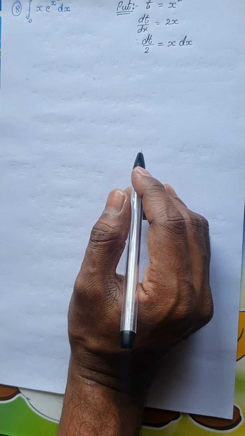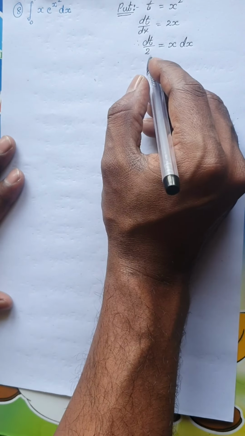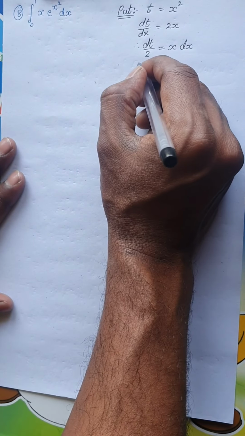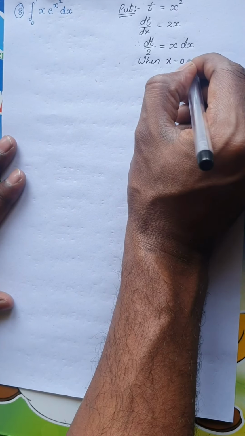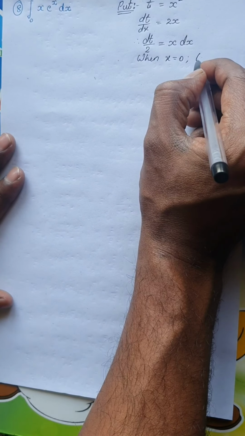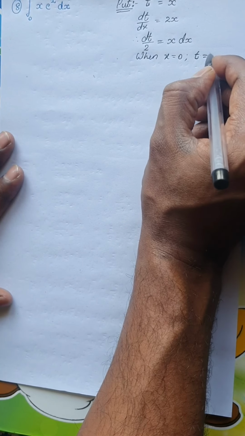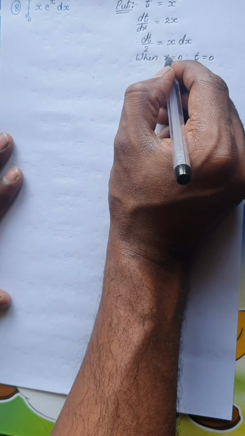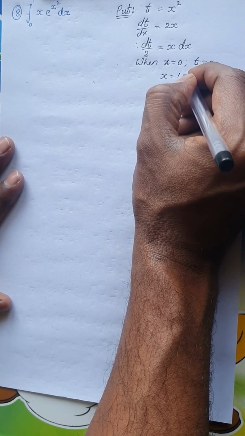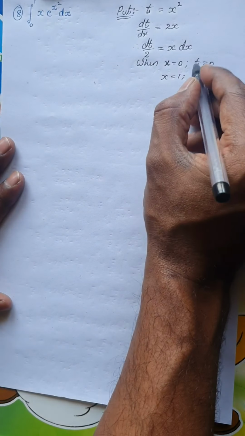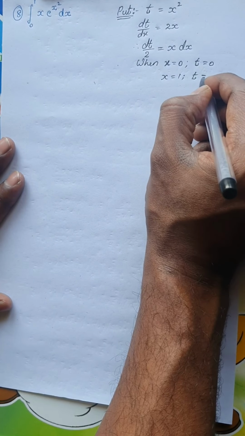Now remember, we have to change the limits also. When x is equal to 0, t will be 0. When you substitute, you have to change the limits also. Similarly, when x is equal to 1, t is equal to 1 square, that is nothing but 1.